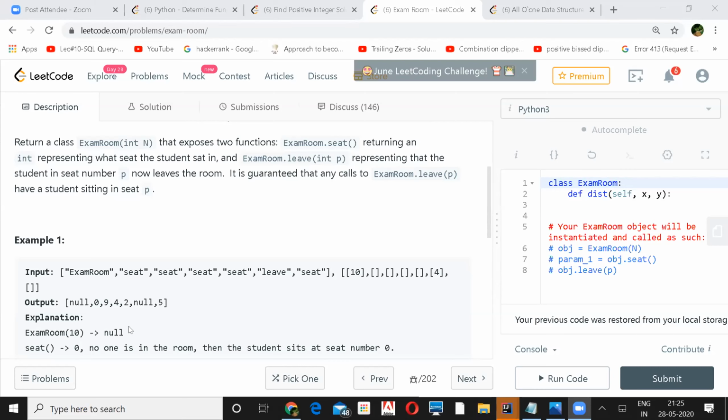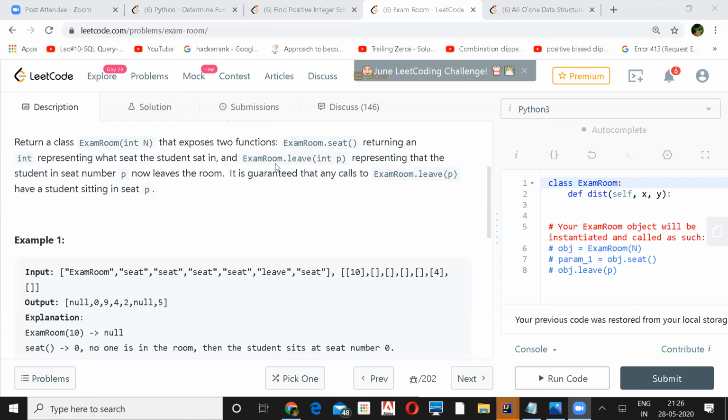Okay. So that paragraph is clear, right? Return a class, just a class, and then we have two functions, seat and leave. When you say seat, you have to seat one of the members walking into the class, and if you want to leave, you are going to pass a parameter.